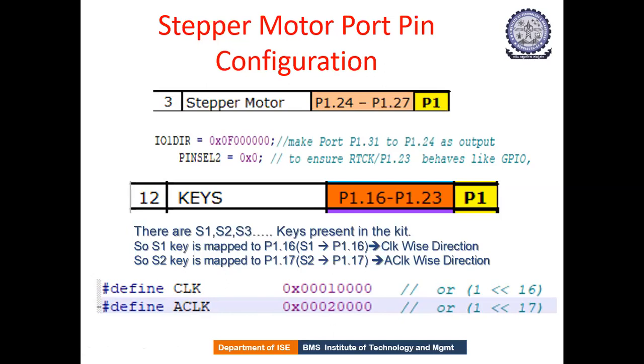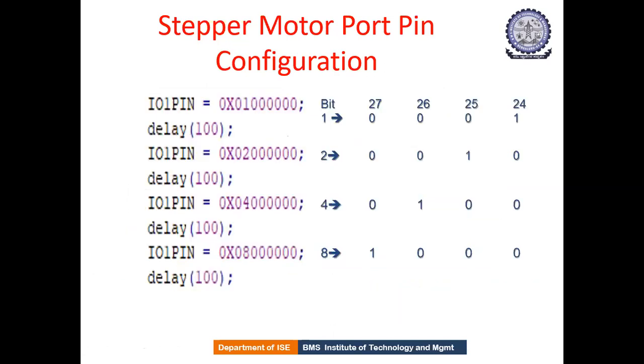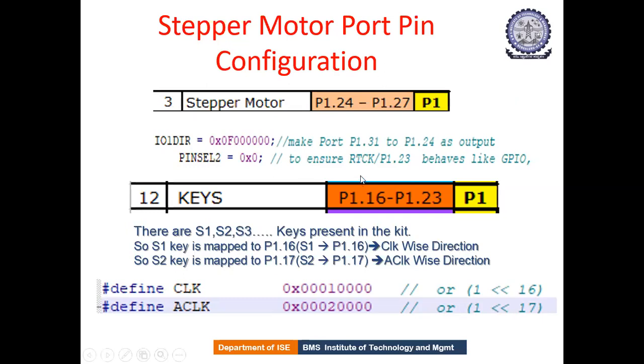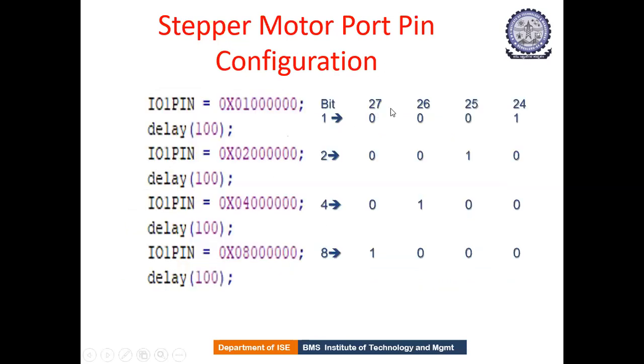So how will the rotation happen in the stepper motor? This is the code we have written for the rotation of the stepper motor. Just now I told you the stepper motor is connected to the 24th bit to the 27th bit, correct? So this is how the 24th bit to the 27th bit exist. Initially you make the 24th bit high, specifying the rotation, and next you give some delay so that the stepper motor will rotate for the 24th bit.